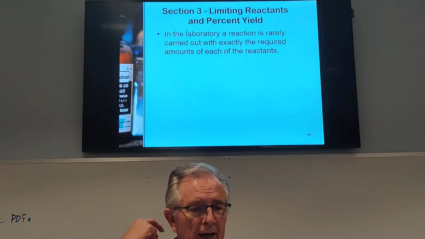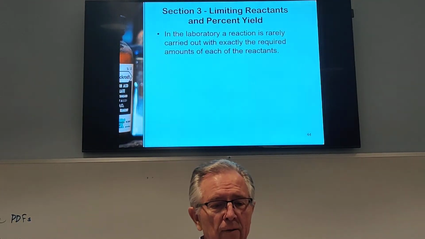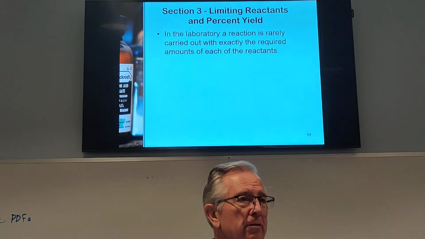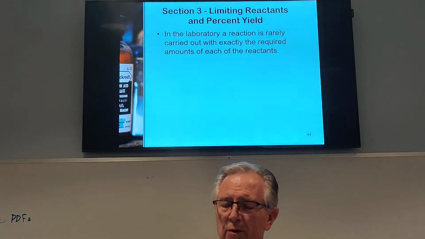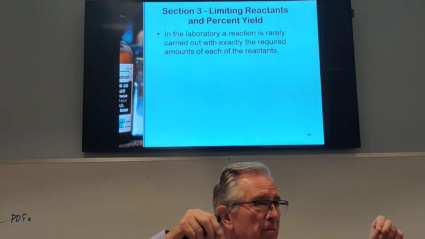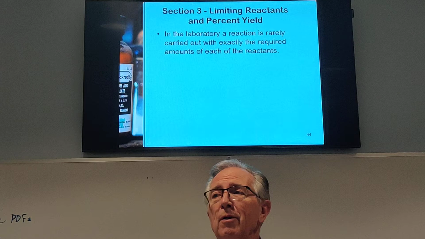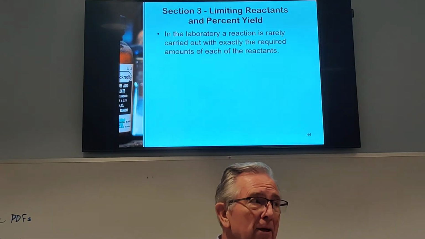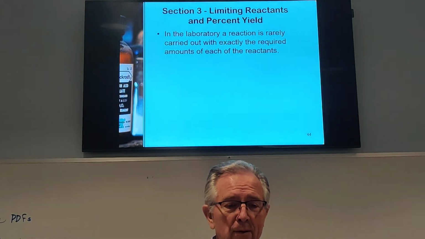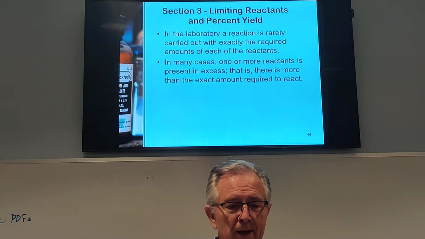In a laboratory reaction, it's rarely carried out with exactly the required amounts. When you do your lab, you will probably measure out what we think should be reacting, but in reality, one of those will be my limiting reactant and the other one might be what I'll have too much of.